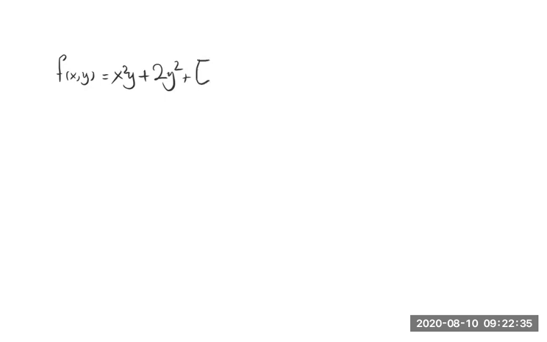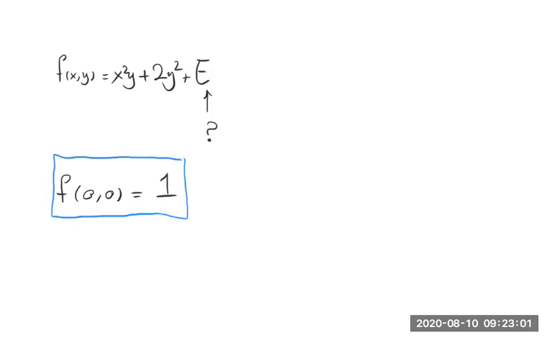Now, I can't really know for sure what this constant is, unless there is one extra piece of information in the question. So, for example, say f of 0 and 0 equals, I don't know, say 1. Suppose this is also given in the question.